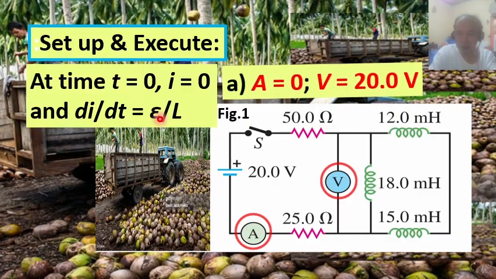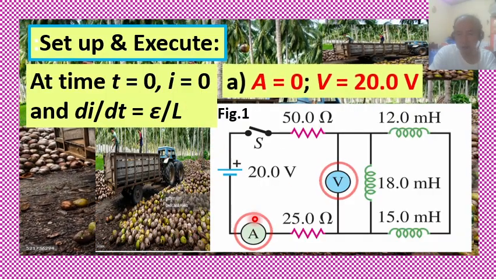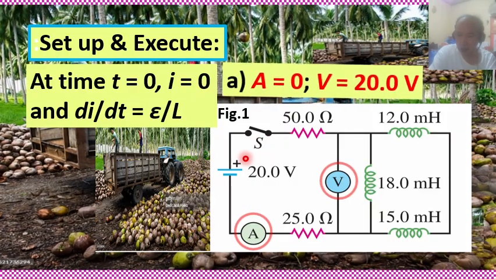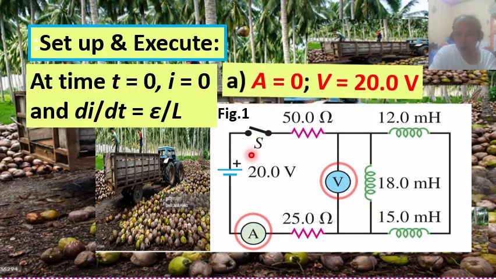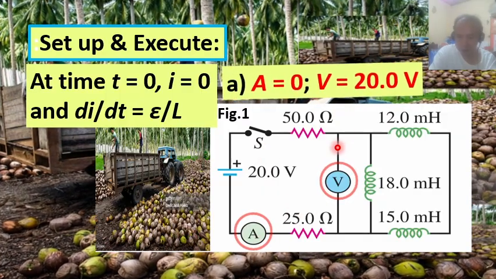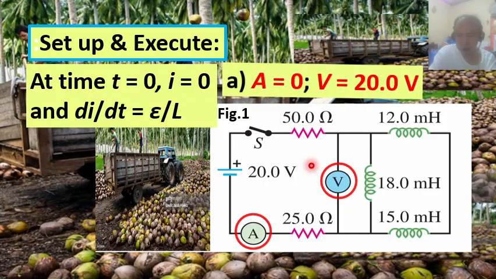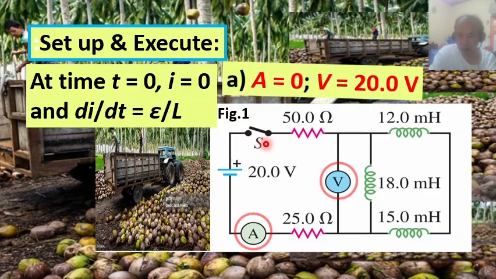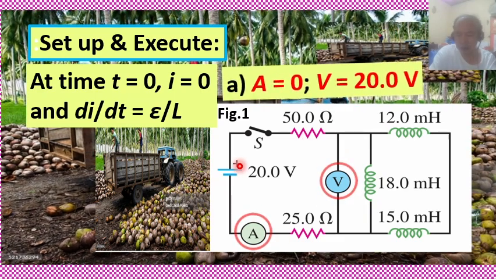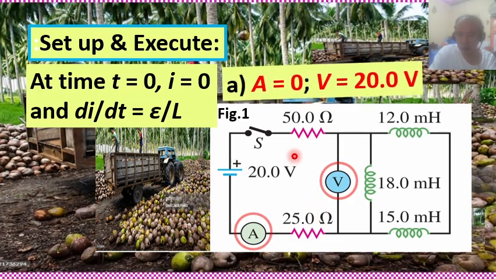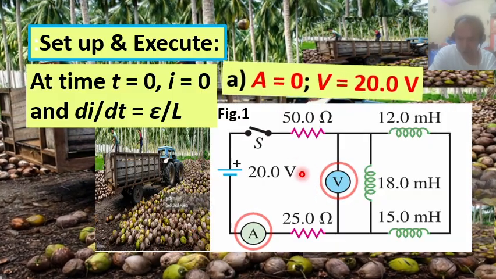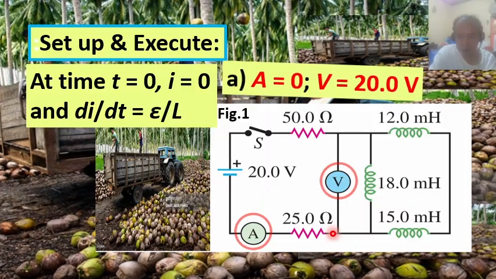And since there is no current at time equals zero, that is just as we complete the circuit, meaning the switch S is closed, for the voltmeter, since there is no current, the wire that connects the voltmeter to the battery becomes an ordinary ideal wire where there is no current.